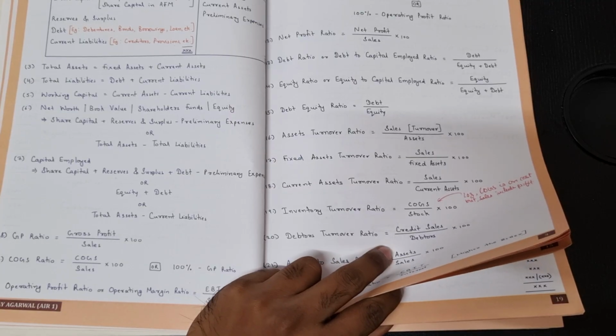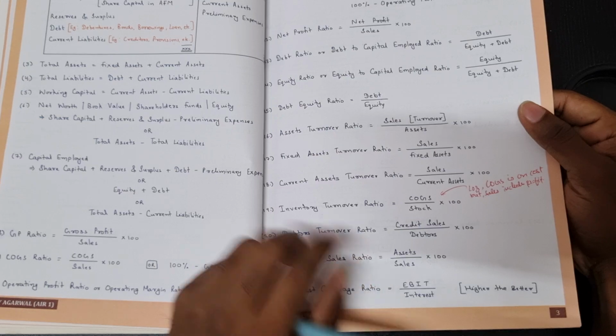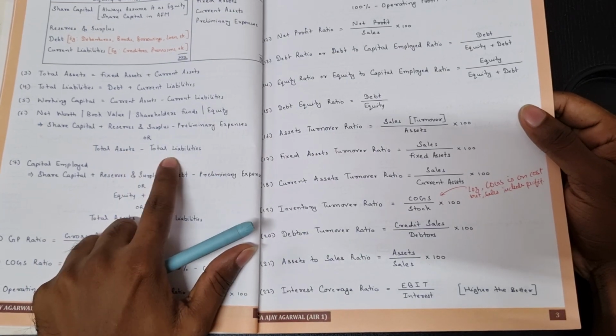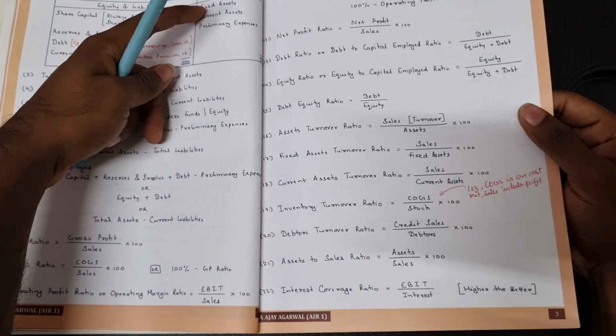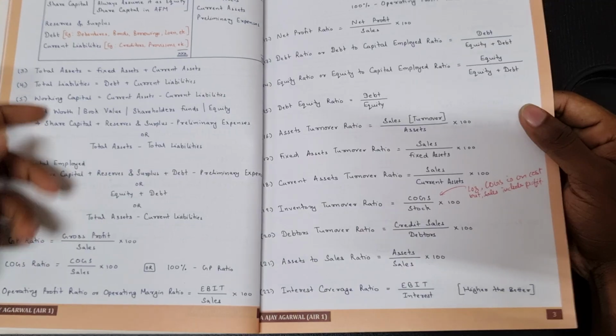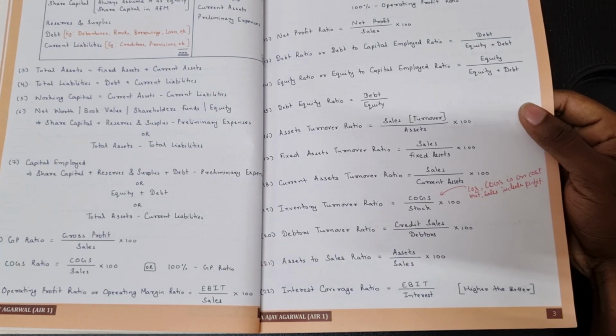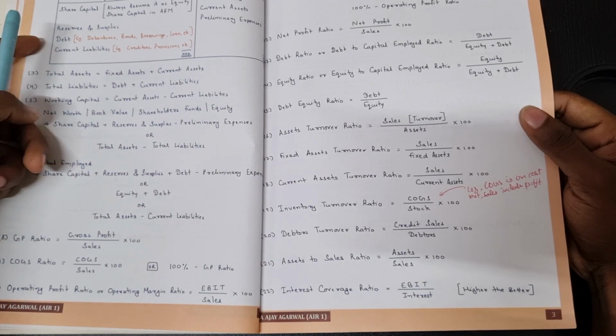How else can we derive it? Total assets minus total liabilities. Total assets is fixed assets plus current assets. Total liabilities means current liabilities plus debt.